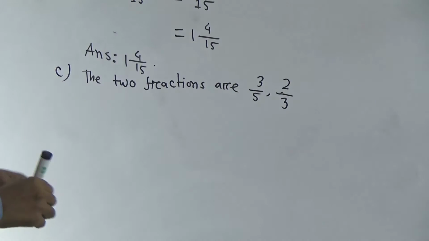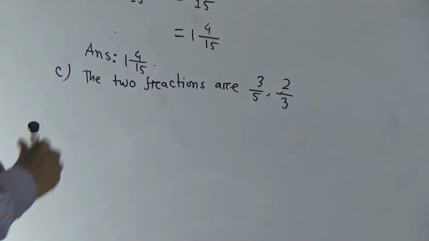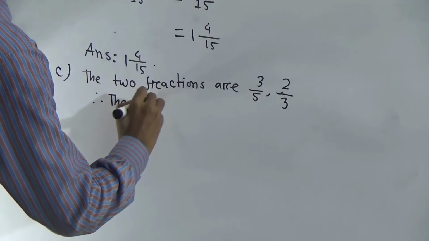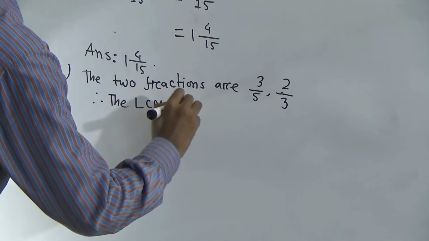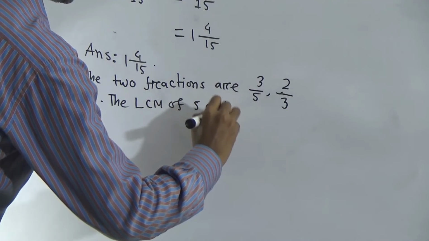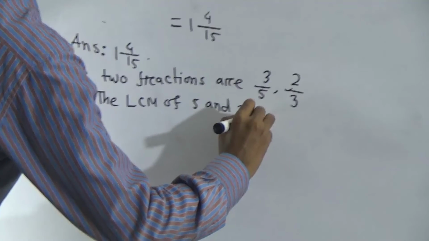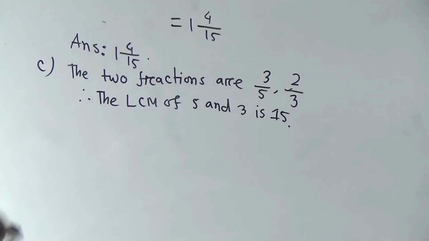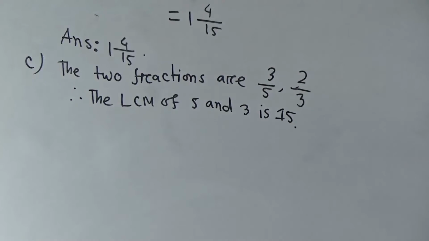The LCM of 5 and 3 is 15. Okay, LCM of 5 and 3 is 15.